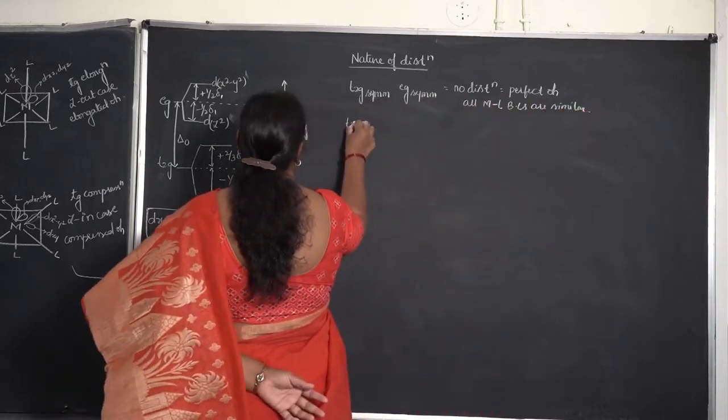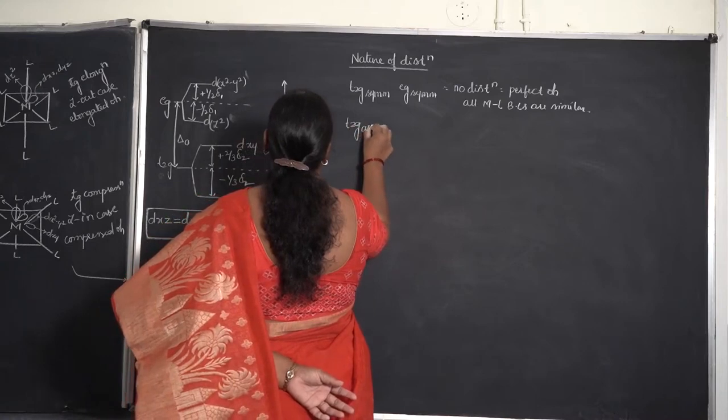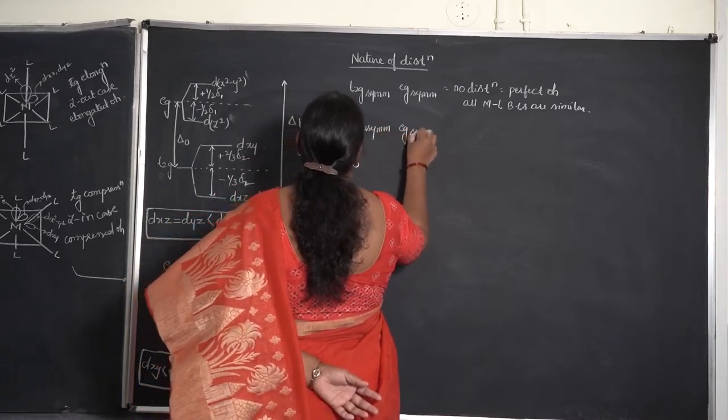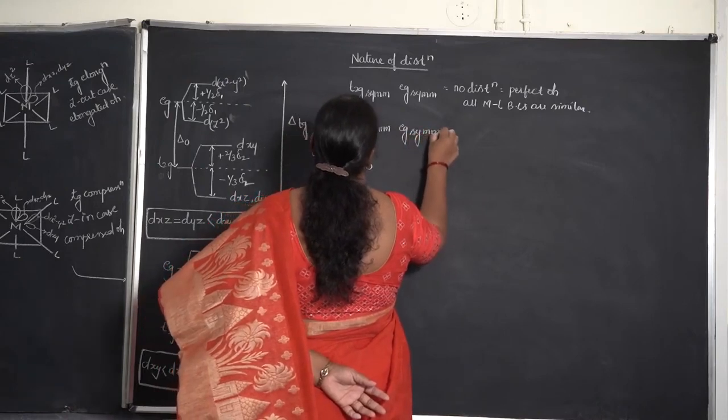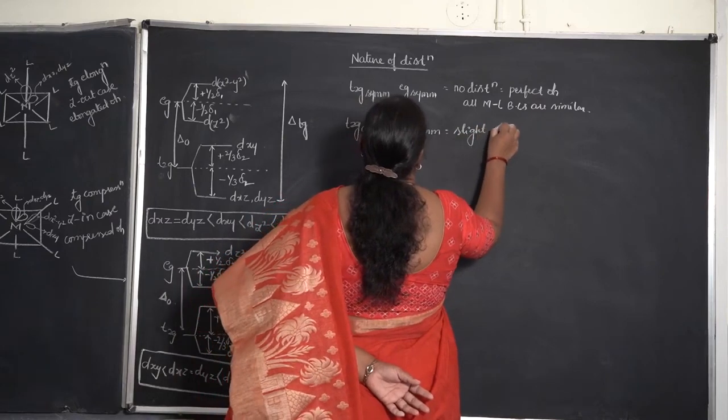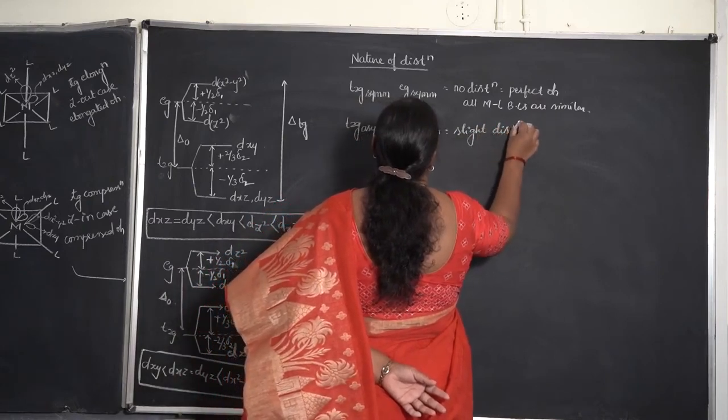And if T2G is asymmetric and EG is symmetric, we say it is slight distortion.